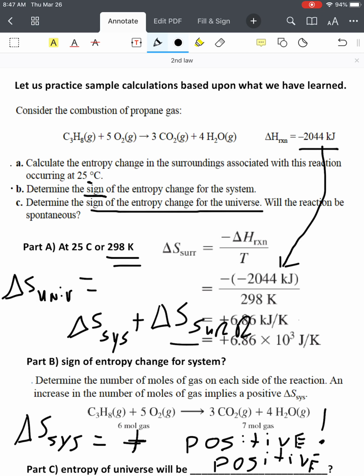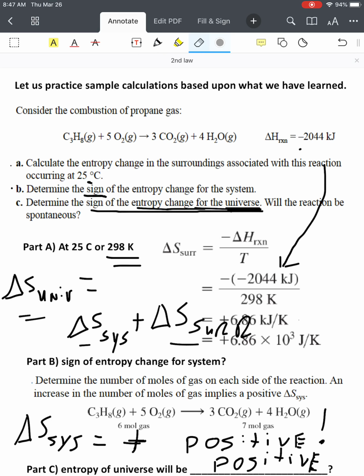And if the surroundings is positive and the system is positive, I'm just adding 2 positive numbers together. I got to get a positive number here. So indeed, my delta S universe will also be positive.